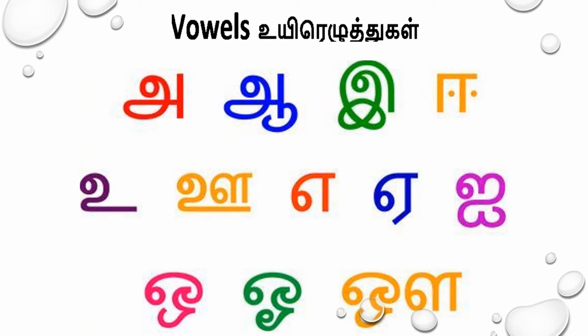I'll go with the first row. There are 4 letters there. The first one is A. Second is A. Third is E. Fourth is E. Fifth is U. Sixth is Oo.